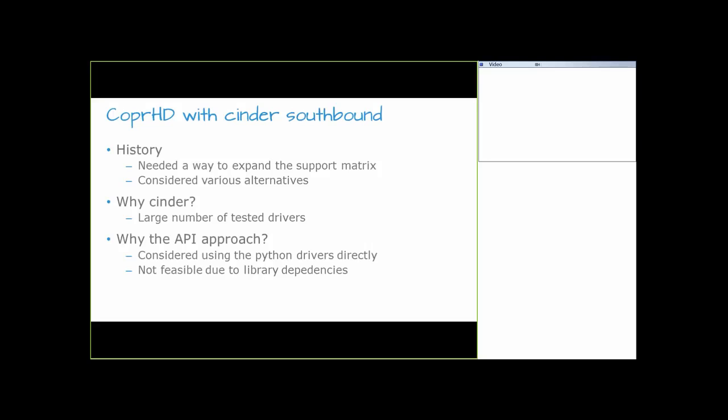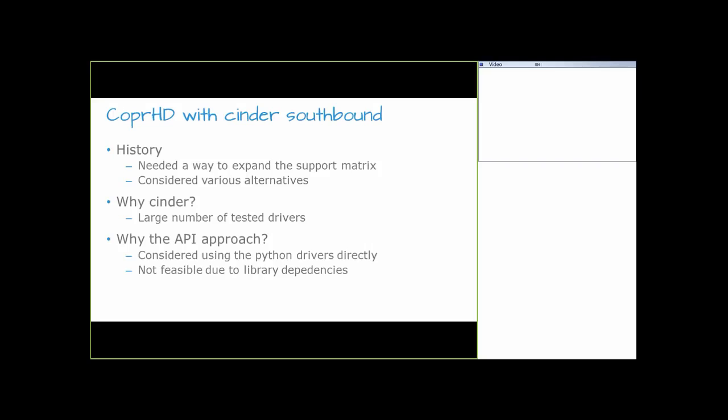Because Cinder has a lot of drivers already. So although this is not the ideal approach, this was kind of a via step we took to say, hey, until we come up with our own southbound SDK, so that vendors can write drivers, which will be full function drivers, which do discovery and replication, all the features that we have in current drivers.